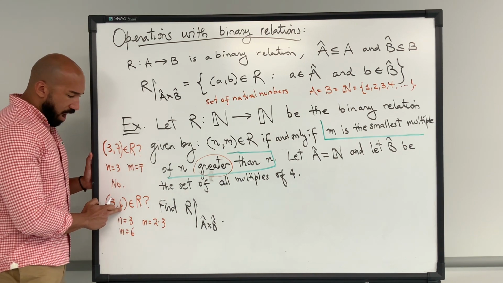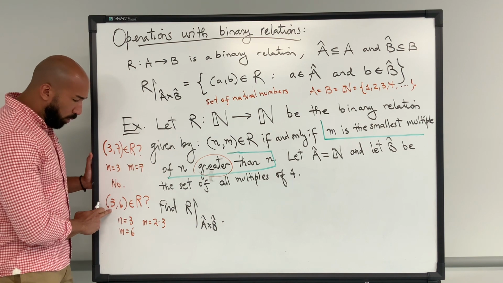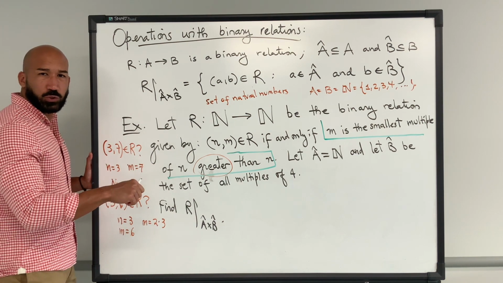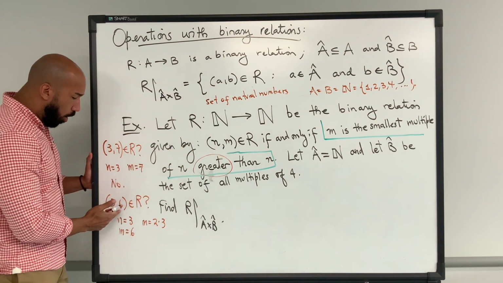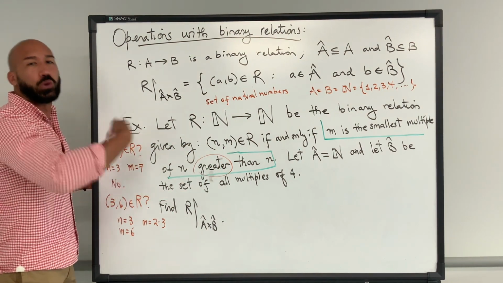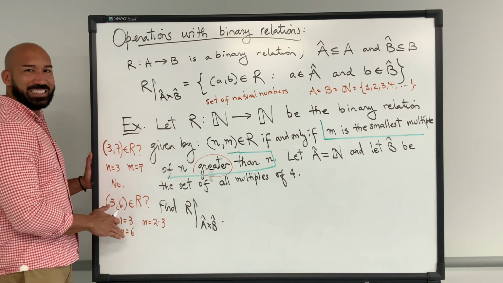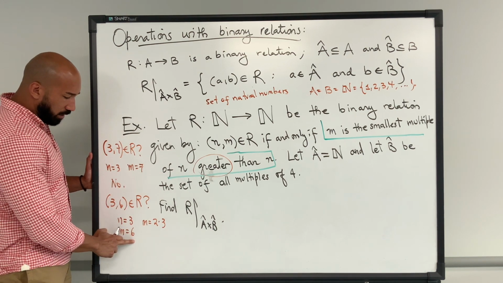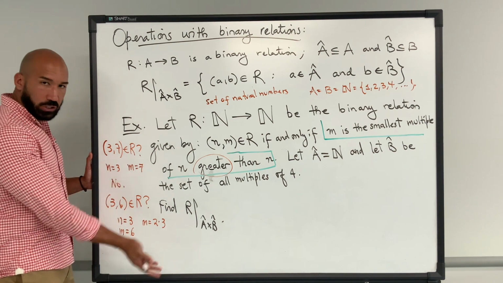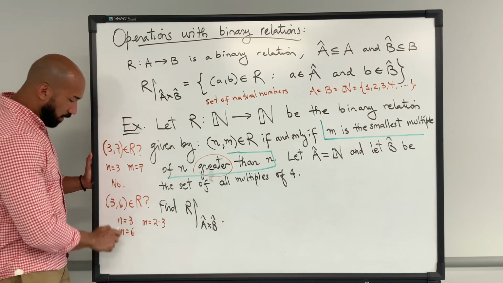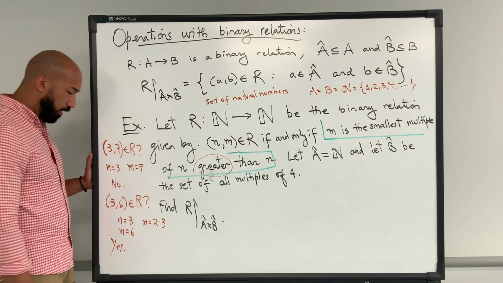And there is no other multiple of 3 in between. Which are the multiples of 3? 3 times 1, that is 3. 3 times 2, that is 6. 3 times 3, that is 9. So there is no other multiple of 3 that is greater than 3 and less than 6. So 6 is the smallest multiple of 3 that is greater than 3. So yes, this is a pair of the relation.